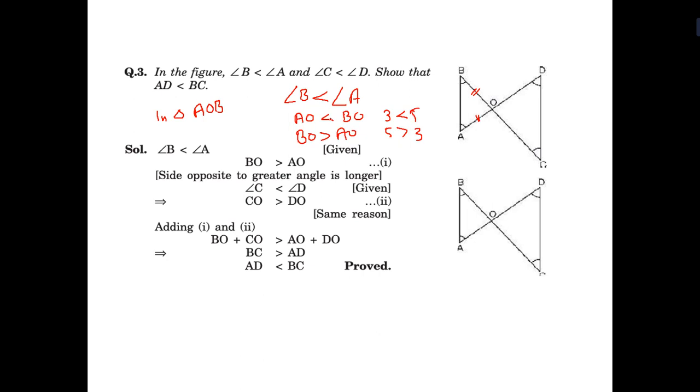So here it is BO greater than AO. The side opposite to the greater angle is longer.